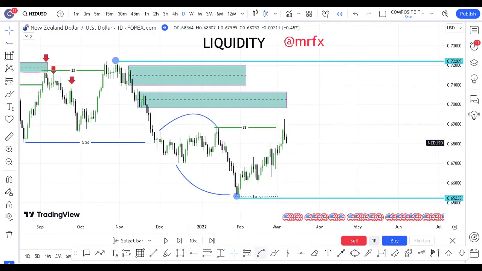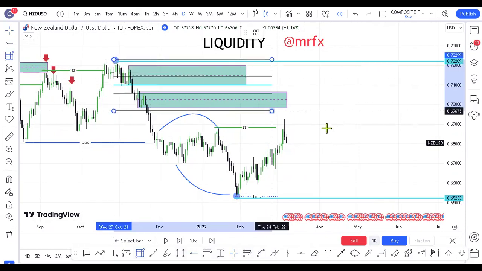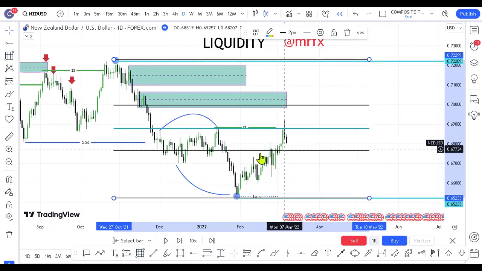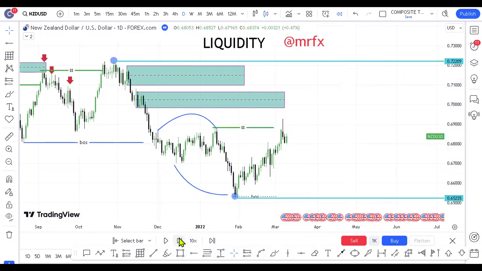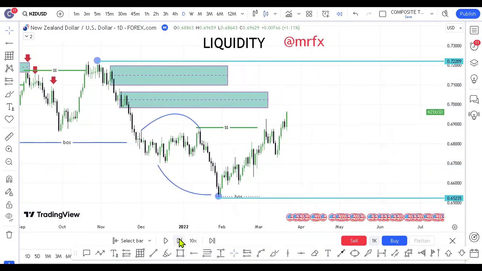Is it on extreme? Is it on discount? Is it on equilibrium? For example, if I do this here using my gun box, this low, I see this is a discount level. I cannot sell here. This again is an equilibrium level. I'll not sell here. But if the price comes here, I'm interested to look for a sell position. So that's just an idea, but let's see what happened here.